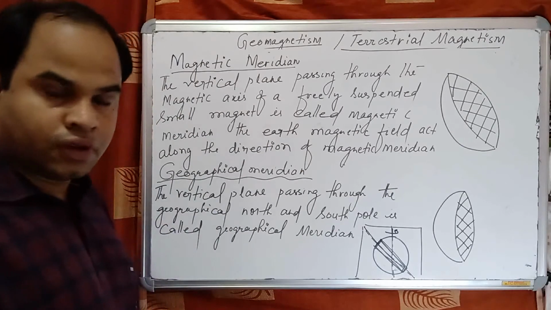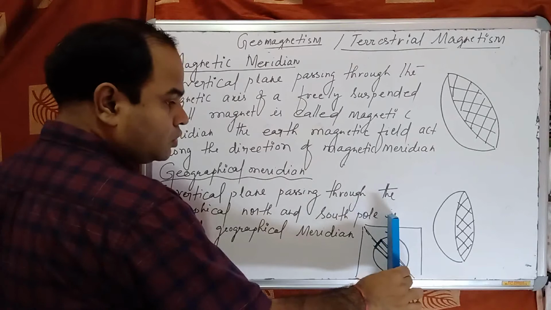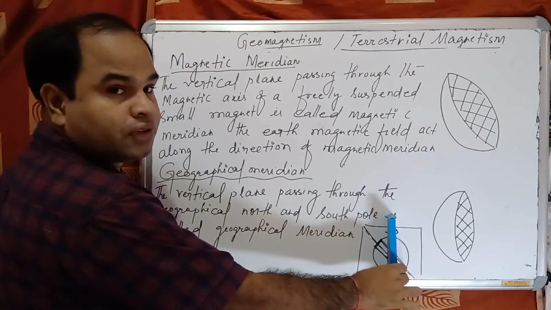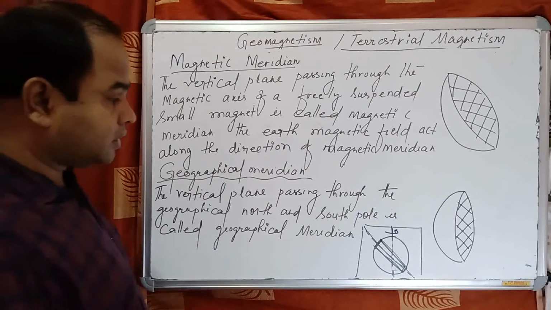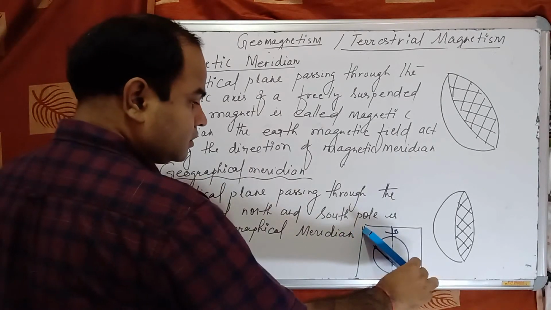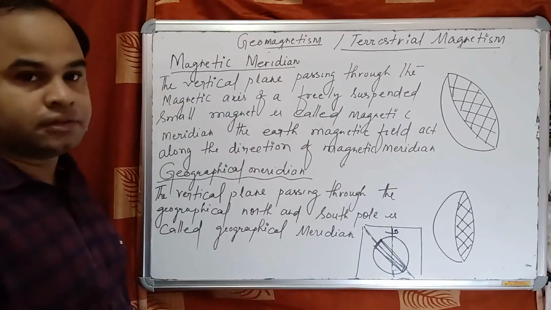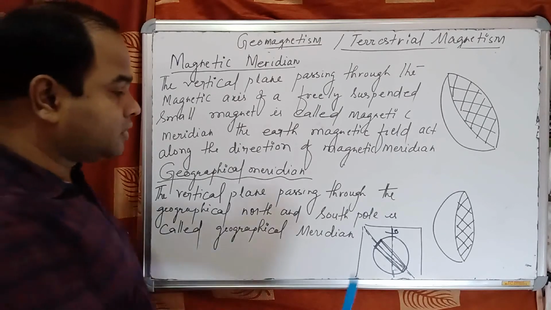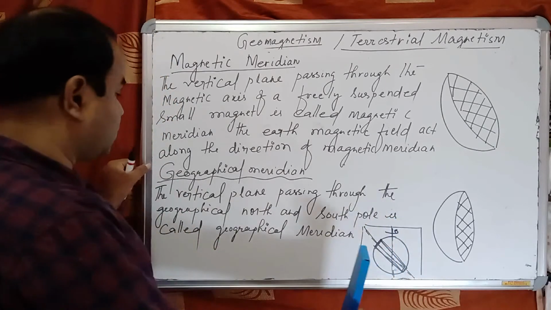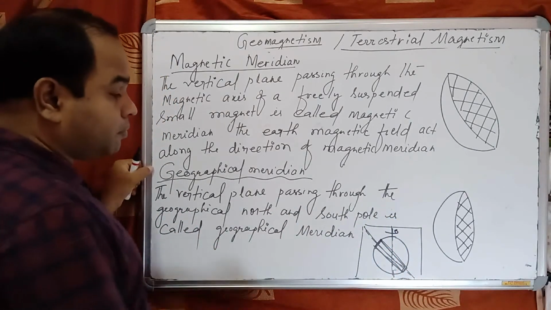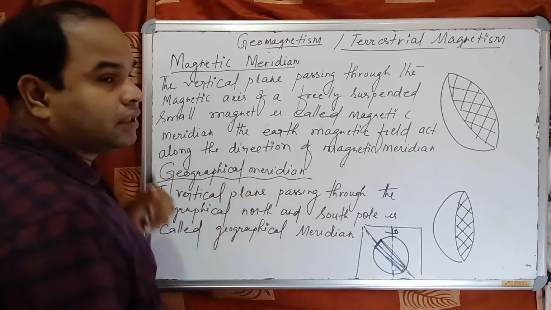The plane passing through the geographical axis is called the geographical meridian, and the plane passing through the magnetic axis of the earth magnet is called the magnetic meridian.